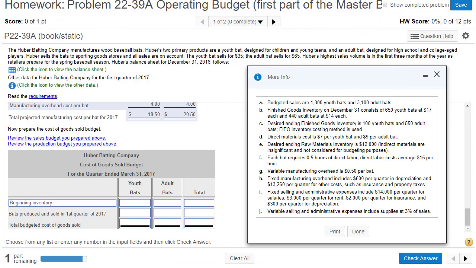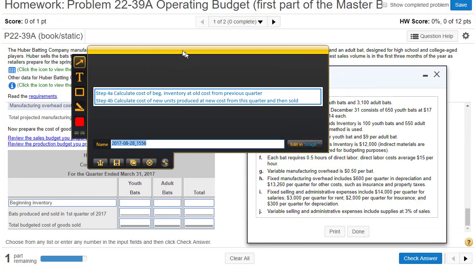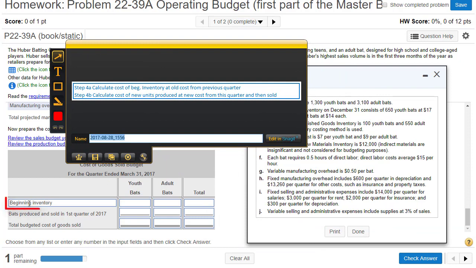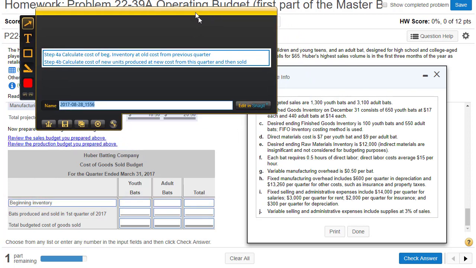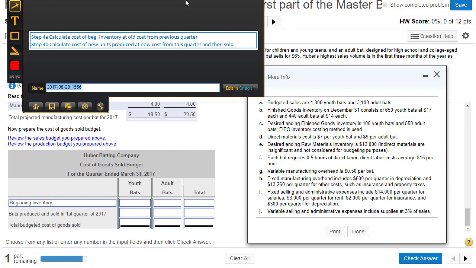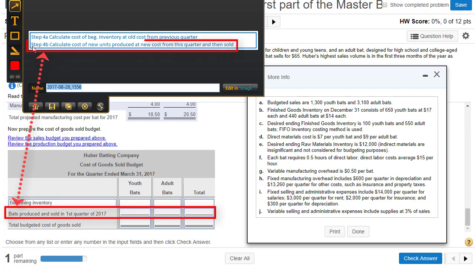The next screenshot is just an explanation of what the next steps are. This row is beginning inventory. That's step 4A. Calculate the cost of beginning inventory at the old cost. And this line, bats produced and sold, is step 4B. Calculate the cost of the new units produced at this new cost.